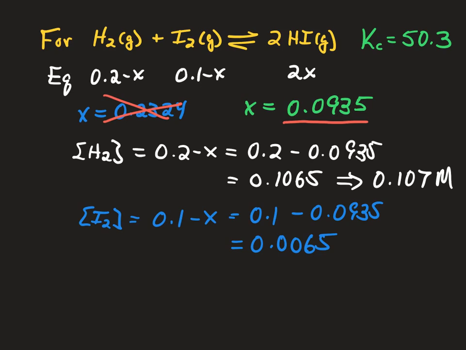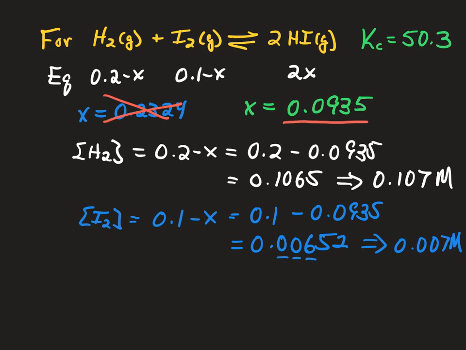Given that this is a subtraction, and this actually ends up being 0.00652 if you don't round early, we're probably only going to be significant in these 3 places, so the best reporting is going to be 0.007 molar if you're worried about significant figures.